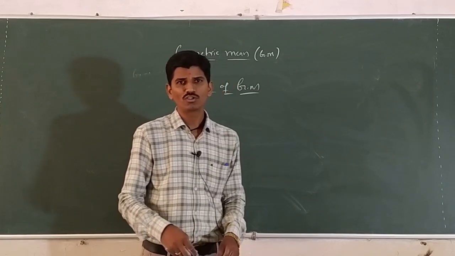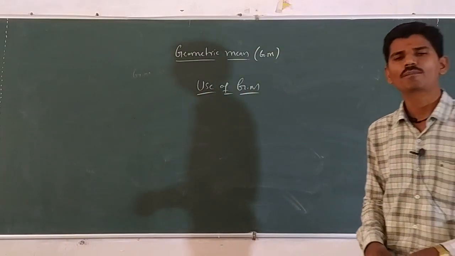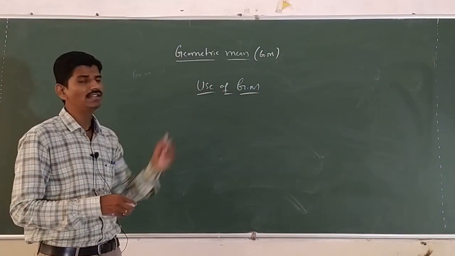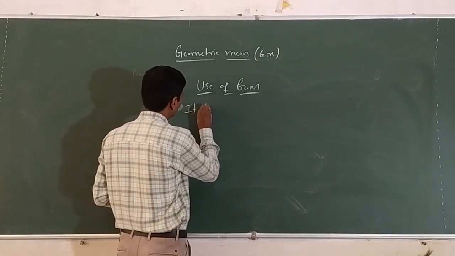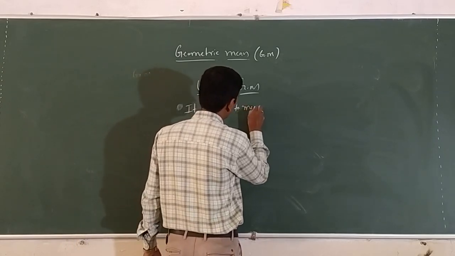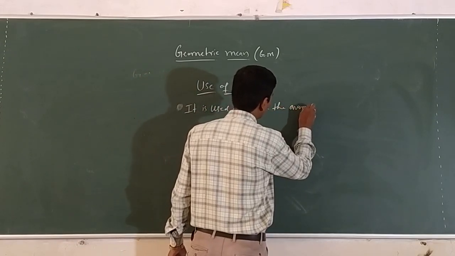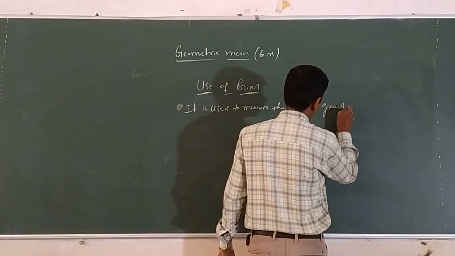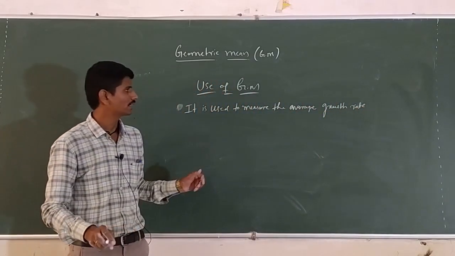The geometric mean is used to measure the average growth rate.